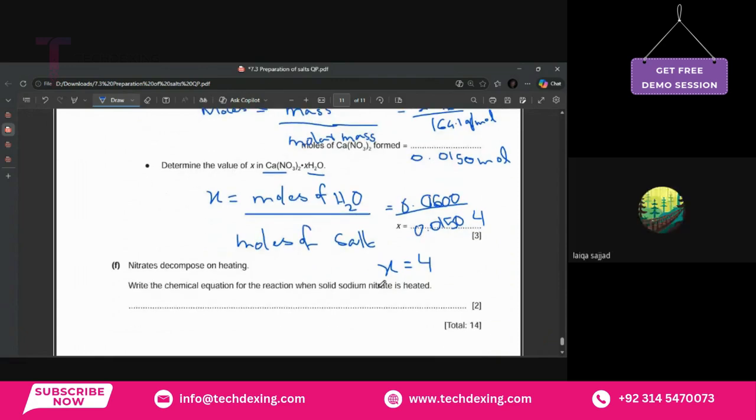Okay. Then you're given that nitrates decompose on heating. Write the chemical equation for the reaction when solid sodium nitrate is heated. You have to write the chemical equation for it. What's the chemical formula for sodium nitrate?